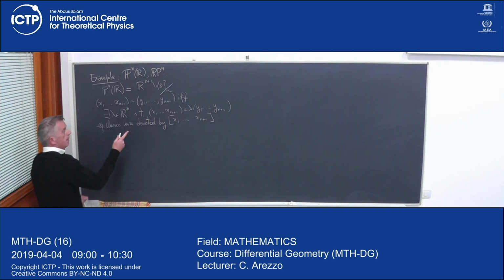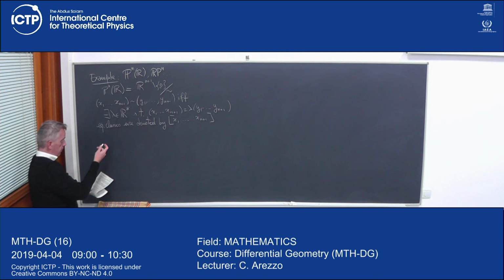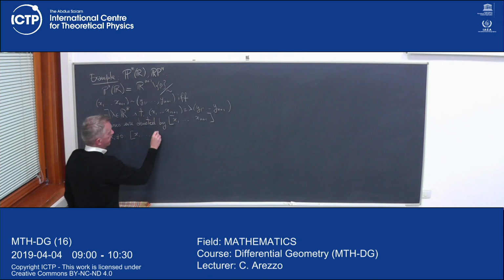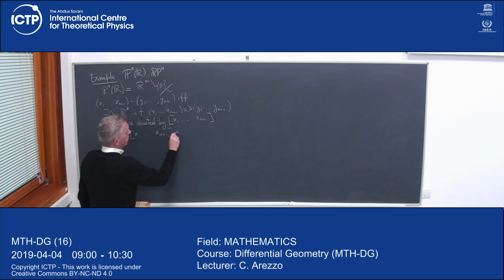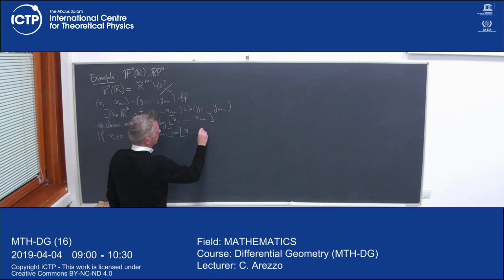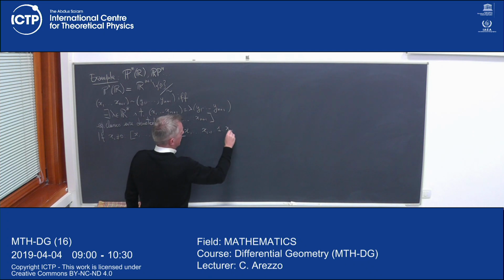And then if it's non-zero, I can divide by it. So if, let's say, xi is different from 0 for some choice of i, then of course [x1, ..., x_{n+1}] becomes equal to [x1/xi, ..., x_{i-1}/xi, 1, x_{i+1}/xi, ..., x_{n+1}/xi].